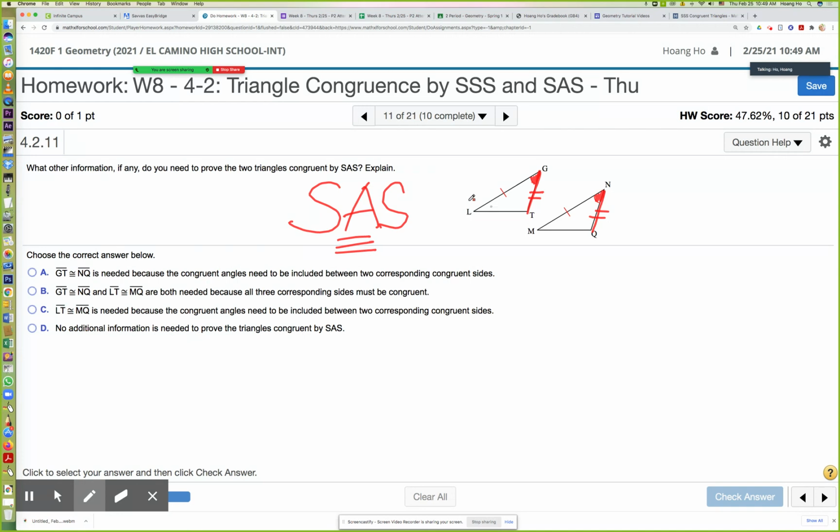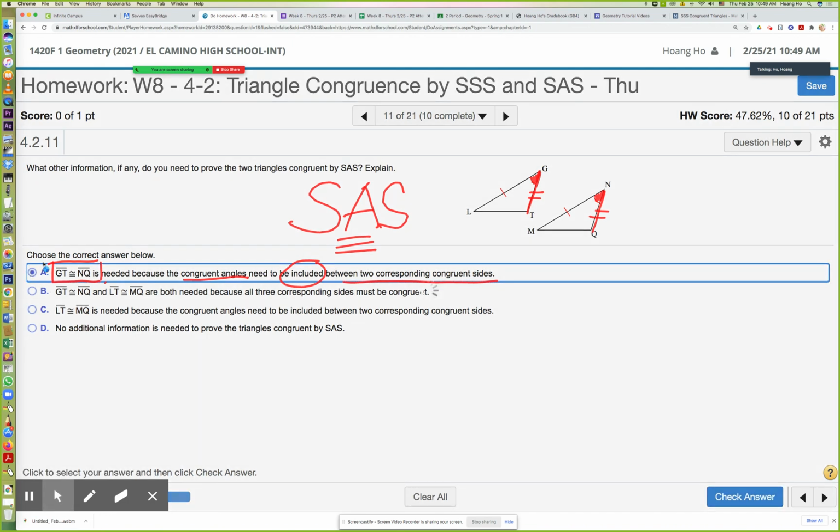So GT and NQ. That's it, all you need is this. GT congruent to NQ is needed because the congruent angle needs to be included between two corresponding congruent sides. So option A is correct.